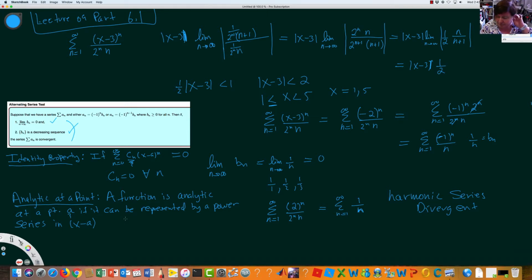So it's got to converge somewhere. It can't be that it doesn't converge anywhere. That would not be good. So it has to converge either in some interval, some positive radius of convergence, or an infinite radius of convergence, so it converges everywhere.